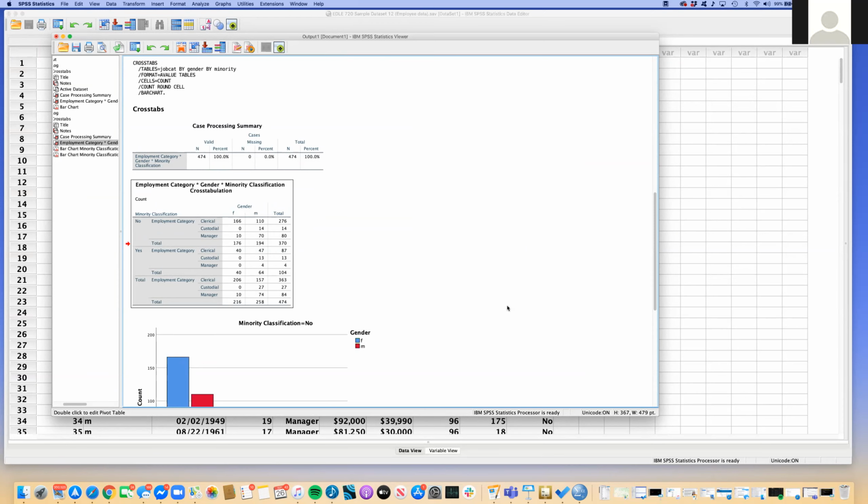Yes. For the men, it's a big difference. Are you looking at the no or the yes? Yeah, so no, you're right. So when you look at the men minority managers, you see that there are 4. There are no women minority managers.